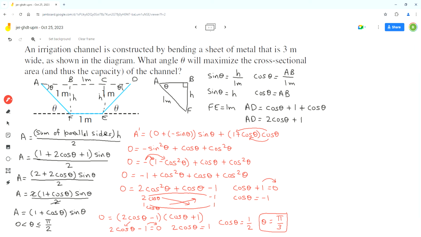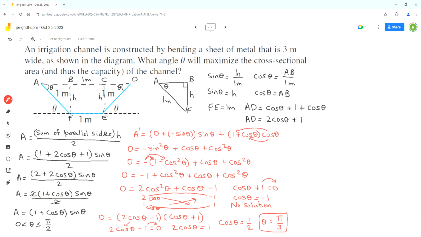So this case has no solution. So that means we have to calculate the area of this trapezoid for the theta values 0, pi over 3 and pi over 2, and see which of these theta values give us the maximum area for this trapezoid.